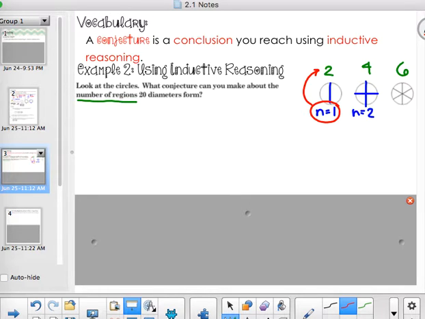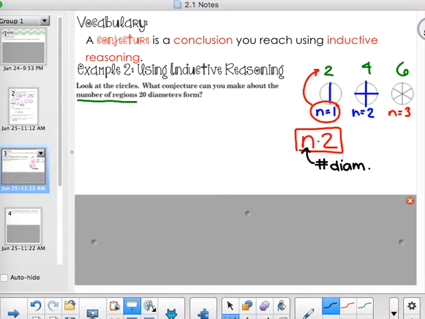Well, I'm noticing that 1 times 2 is 2, 2 times 2 is 4, and this one has an n value of 3, 3 times 2 is 6, getting me an equation of n times 2. Once again, that n value in this scenario relates to the number of diameters as well as where it is in the sequence.